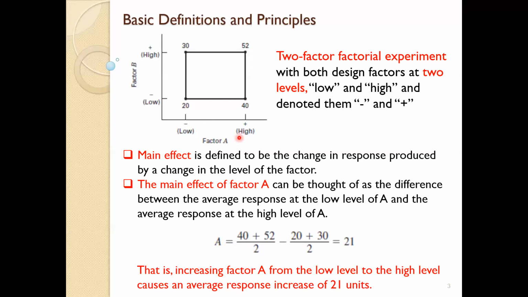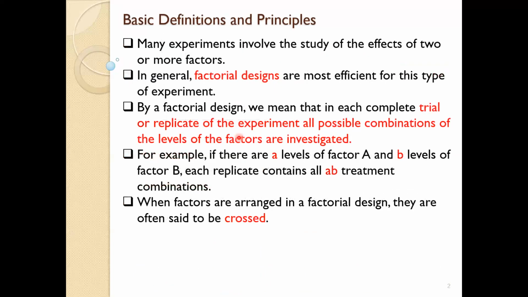We also represent these as plus and minus, where plus means high and minus means low. And also we can calculate the effect. We usually study the factors A and B, and also the interaction between A and B. If we plot each factor and the lines cross, that means we have an interaction effect.